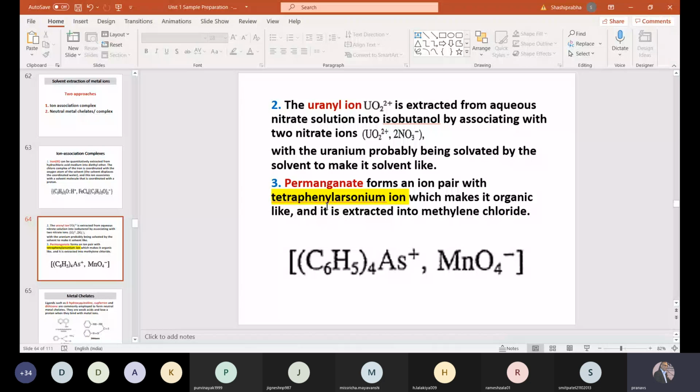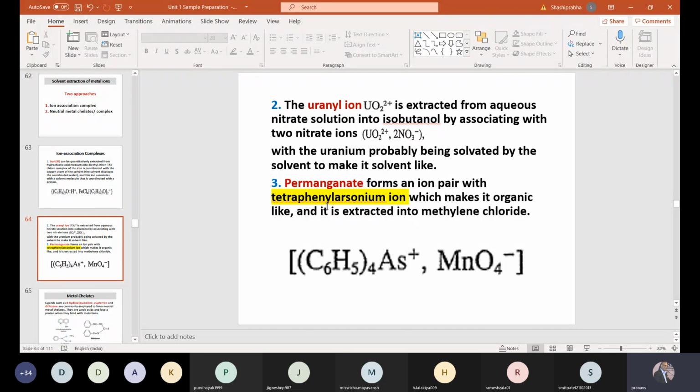So in 1967, when people were working with this neutral species or molecule, what they found was that KMnO4, we know, does not dissolve in organic solvents. It remains in the aqueous phase. It is highly soluble in water.